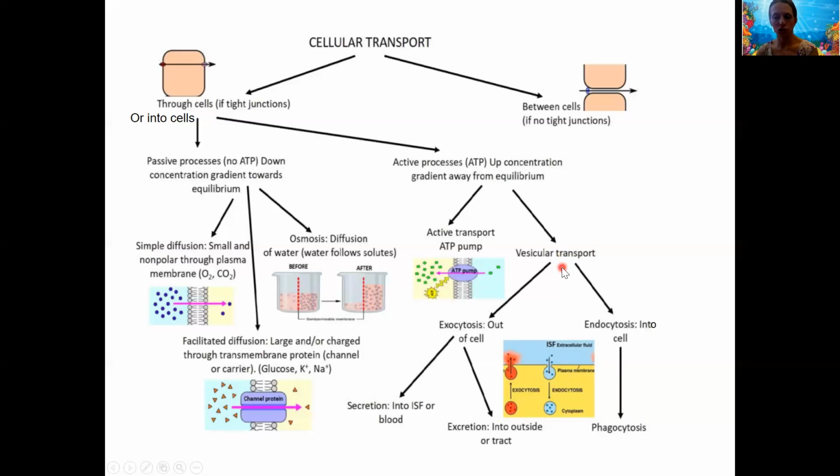I didn't talk about where, just know that it does require energy. Active transport is ATP pumps. Sodium potassium pump is one type of that. Notice I don't have secondary active transport on here just because that gets a little messier. That's using the gradient from this pump to do other work. So vesicular transport, then there's exocytosis out of the cell and endocytosis into the cell.